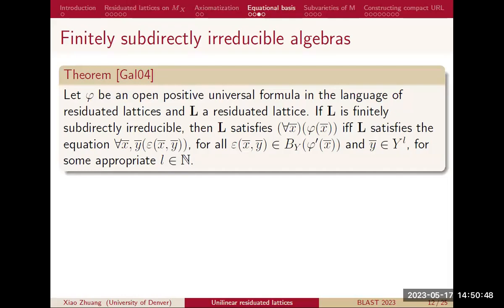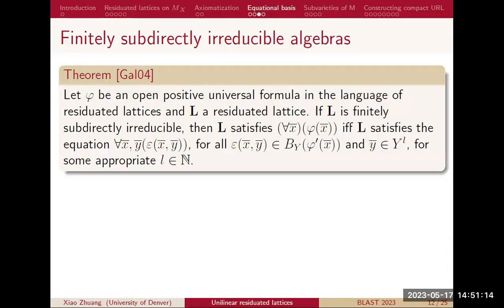Because again, in the same paper by Nick, the finitely subdirectly irreducible algebra in a variety of residuated lattices has a good property. It says if L is such an algebra, it satisfies the infinite equational basis produced just now if and only if it satisfies the original positive universal sentence.